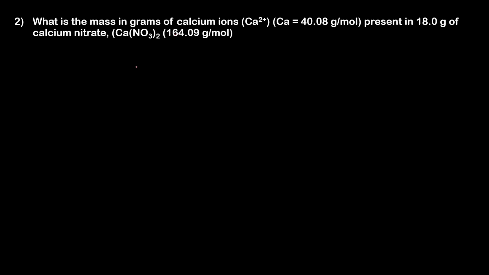Okay, so this is the same thing as number one. So let's start with the given grams. The given grams is from calcium nitrate, or Ca(NO3)2. When this molar mass is not given, again, you can use your periodic table. 18 grams of calcium nitrate.